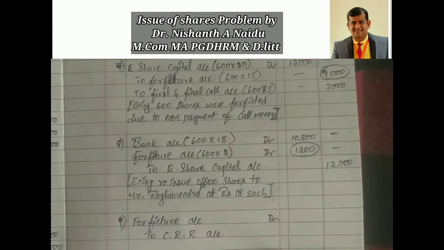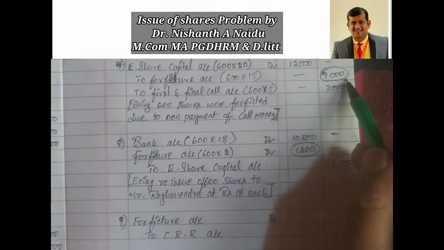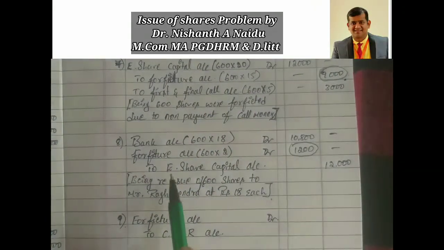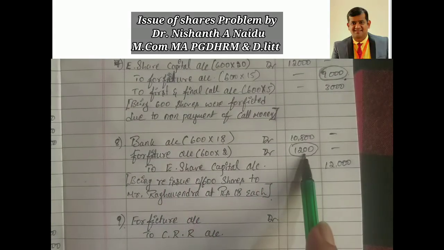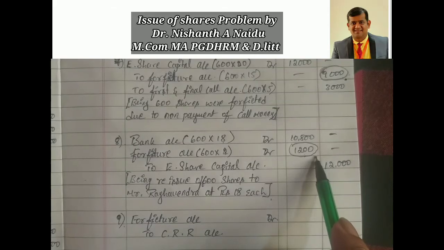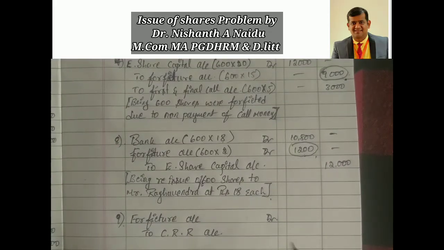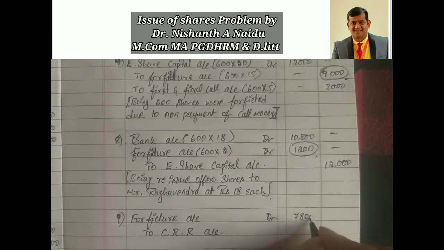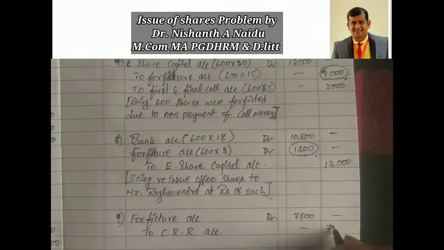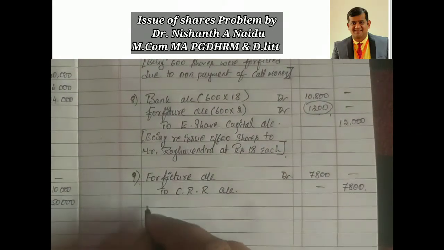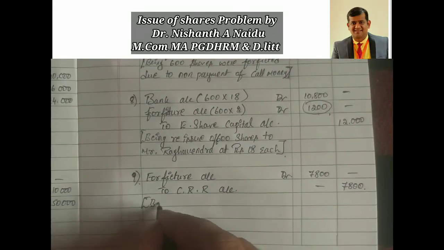So here how to calculate this amount? Out of forfeiture, 9,000 rupees I had. In that forfeiture I have used 1,200. So 9,000 minus 1,200, how much are you going to get? 7,800 to CRR account. 7,800.